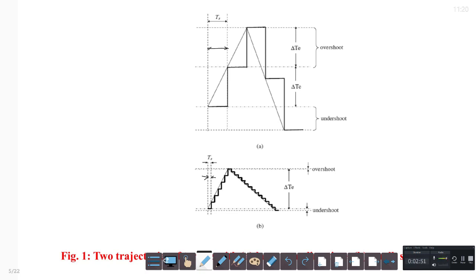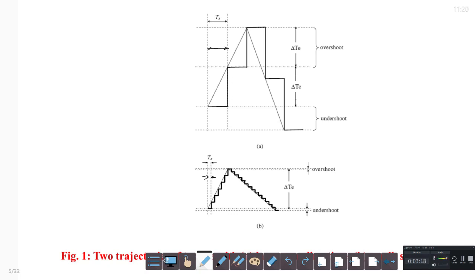When the sampling period Ts is very small, you can see there will be small changes in the torque. The vertical axis is the change in torque. In figure B, when the sampling period is very small, the changes in torque are in small steps, whereas compared to figure A, the change in torque is very large.